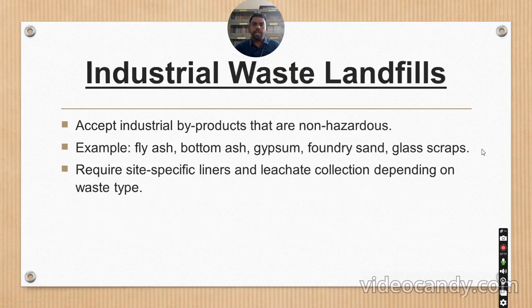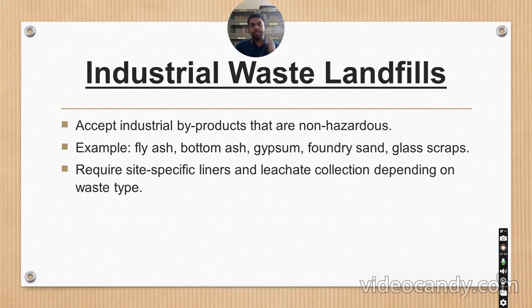Coming to industrial waste landfills, the waste materials are related to industry, except industrial byproducts that are non-hazardous. We don't consider hazardous materials here; we always consider non-hazardous materials only, because they are not harmful to soil, water, or air.